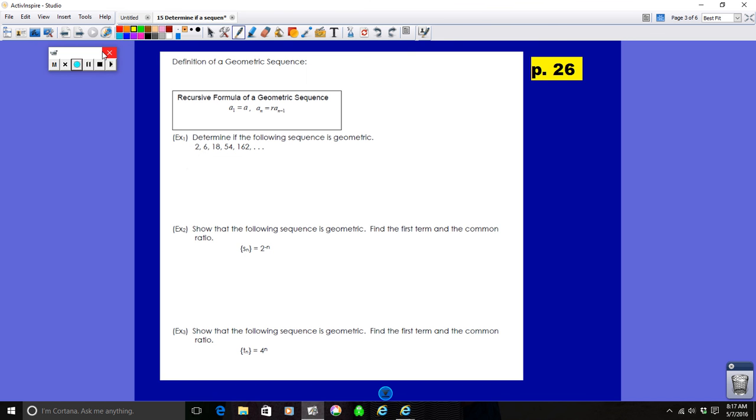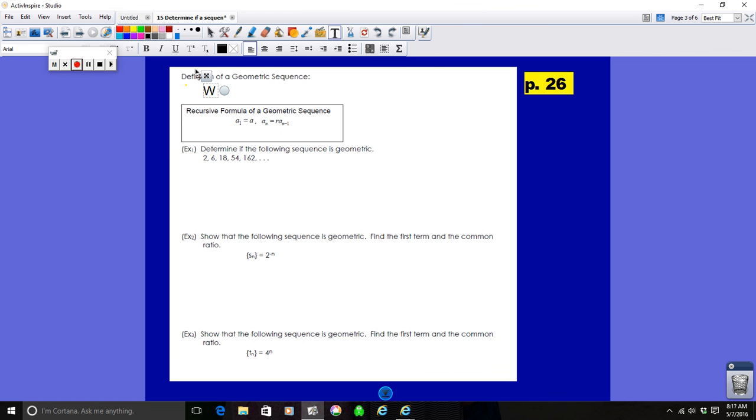Okay, a geometric sequence, this is on page 26, is when the ratio of consecutive terms is constant.